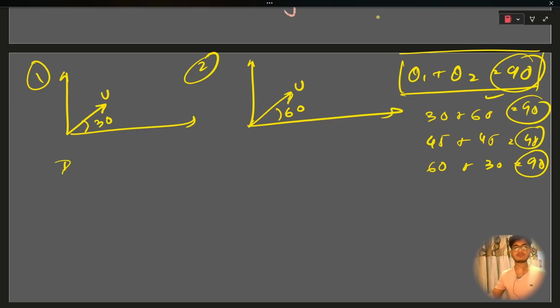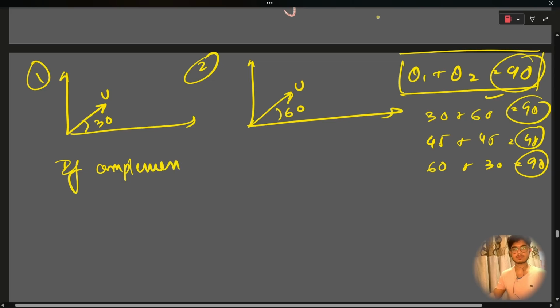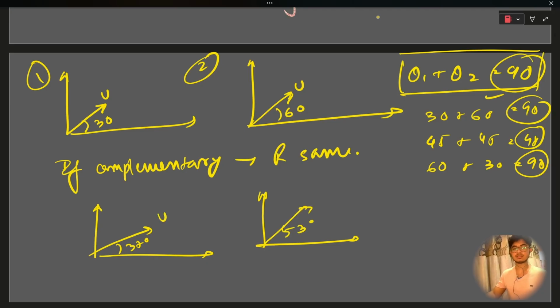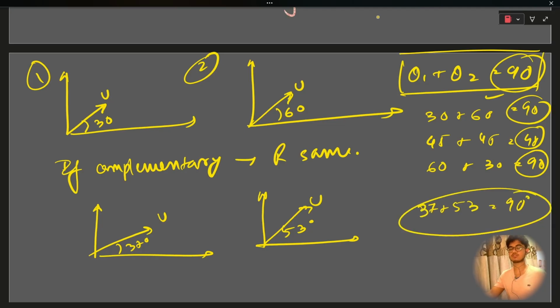So, if complementary, ranges are same. In these two also, suppose this is 37-degree and this is 53-degree, just the initial velocities with which they are launched has to be the same. This is the basic criteria. This is also 37 plus 53 equal to 90. They are also complementary.